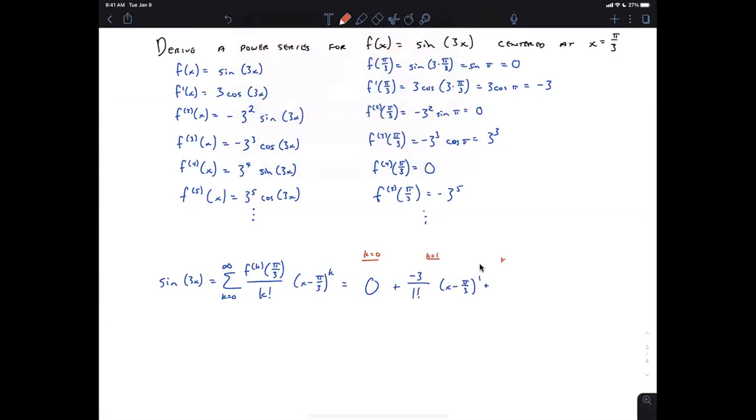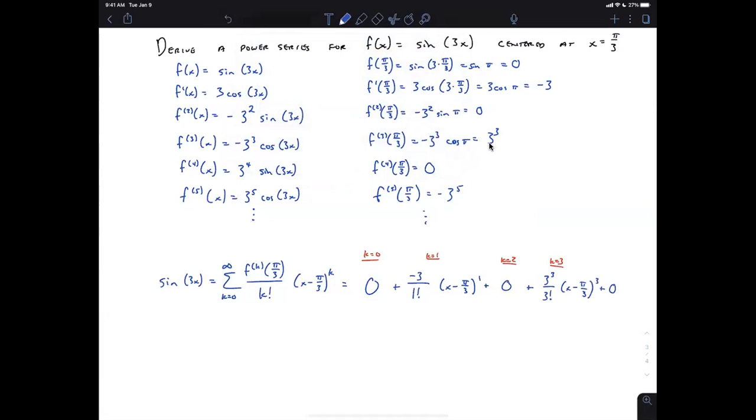times x minus pi over 3 to the first. K equals 2 we get from the list. So k equals 2 gets me f2 of pi over 3. That's 0, so that zeroes out the whole term. K equals 3, f3 of pi over 3, that's 3 to the third over 3 factorial times x minus pi over 3 to the third.